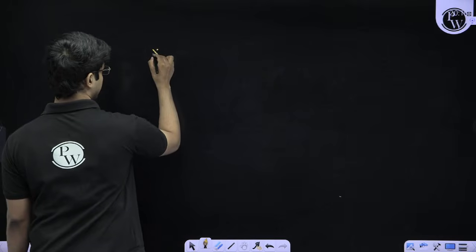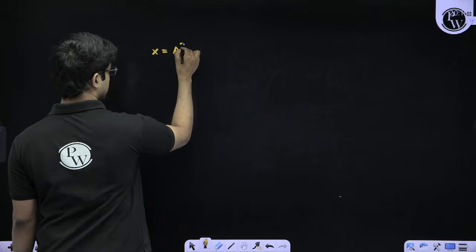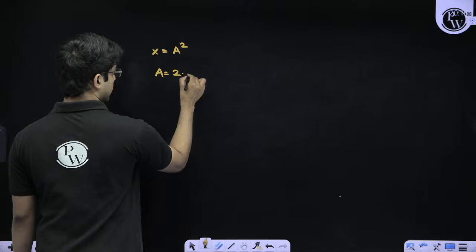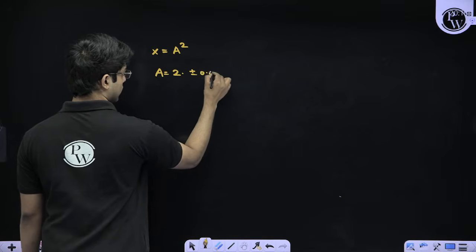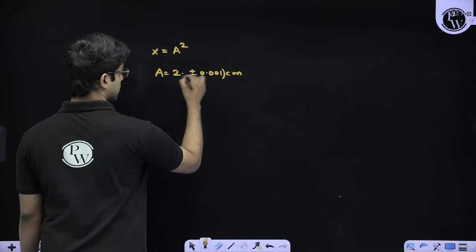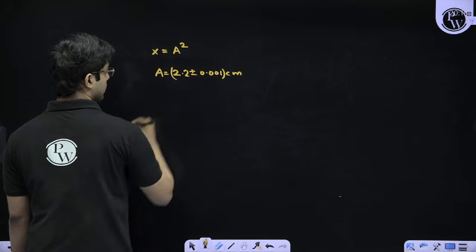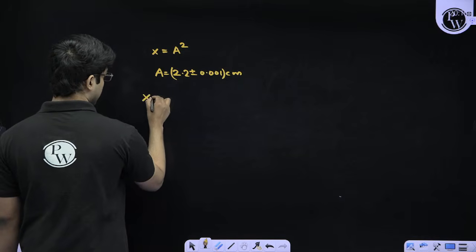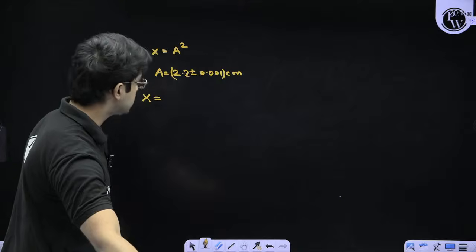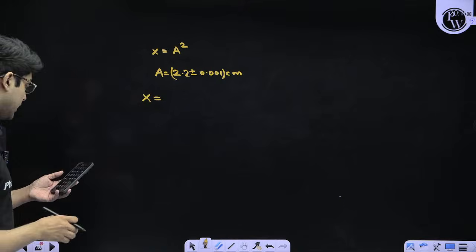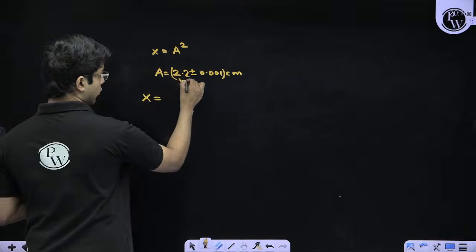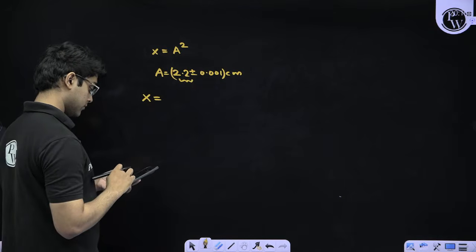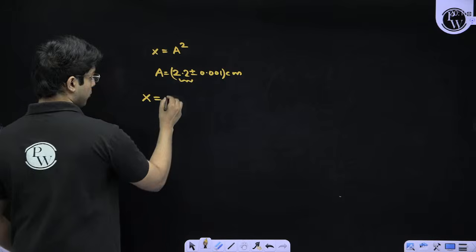So this means if you have x is equal to, let's say, a square, and this a was given to be, let's say, 2.2 plus or minus 0.001 centimeter, then how will you find x? First do a square, take the true value of a which is 2.2, so find 2.2 square, that will be 4.84, right?